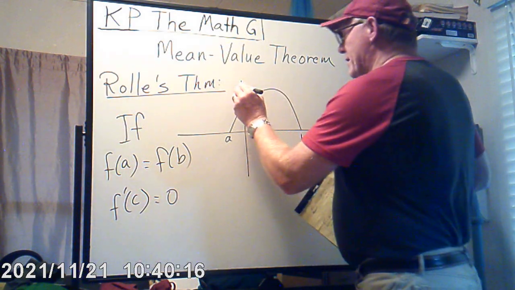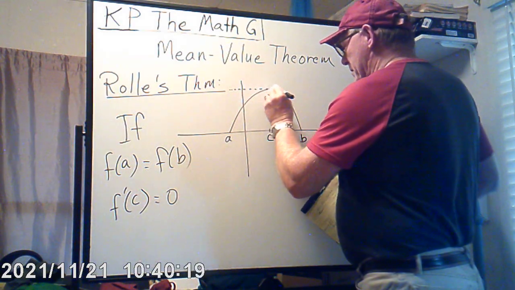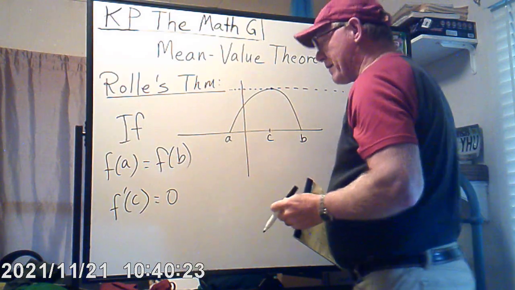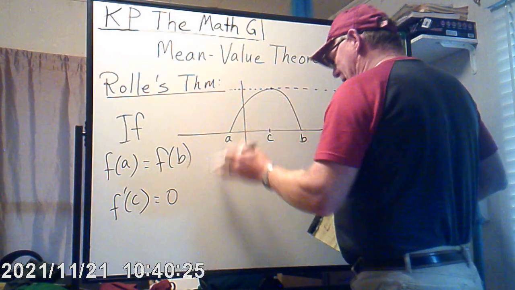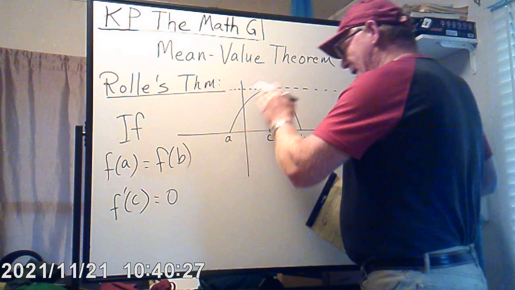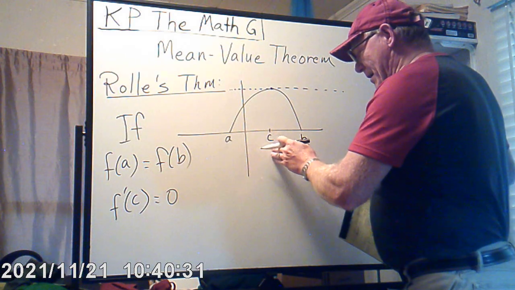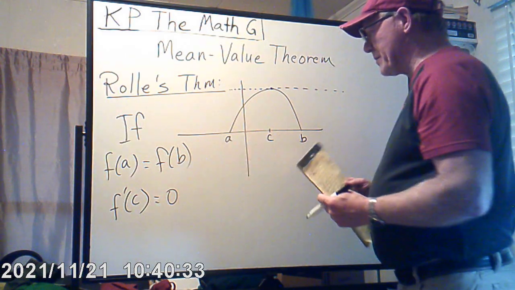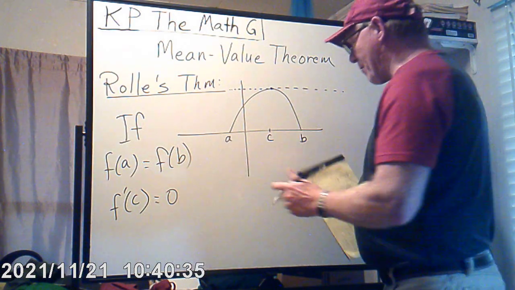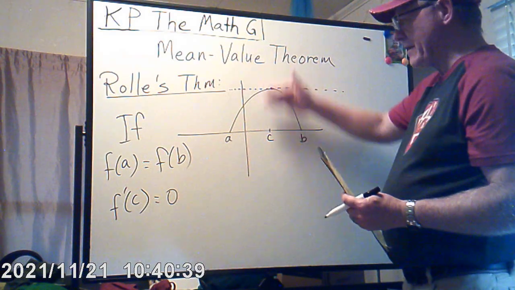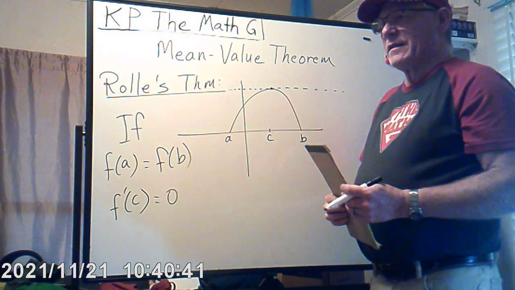There is a horizontal tangent line right here, right there. So there is a horizontal tangent line between A and B, where F prime at C is equal to 0. And that's what we're talking about here.